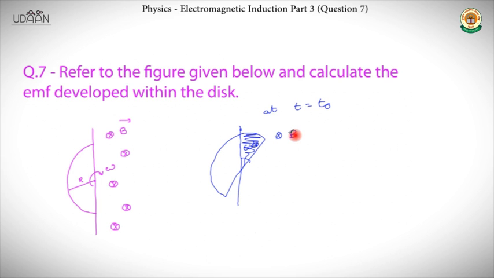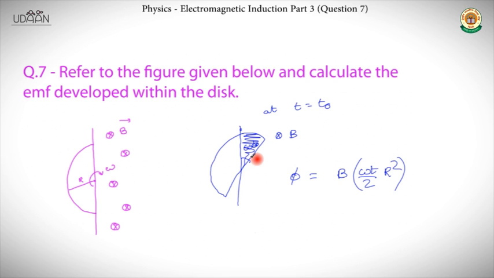At this particular time, the flux linked with the disk would be B into the area of this sector, which is nothing but omega t by 2 into r square. This is the area of this particular sector.